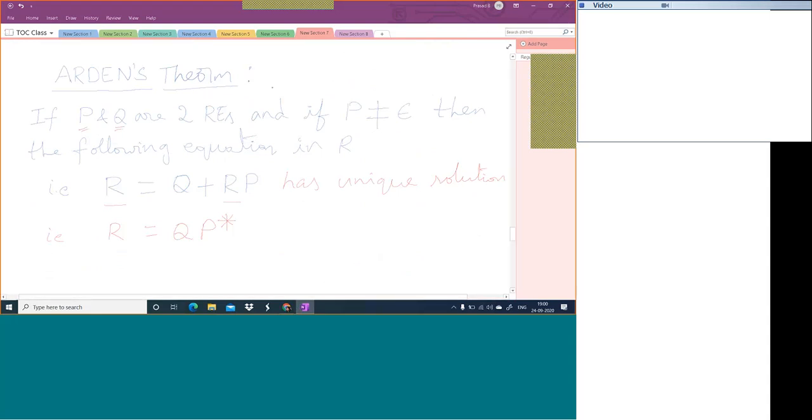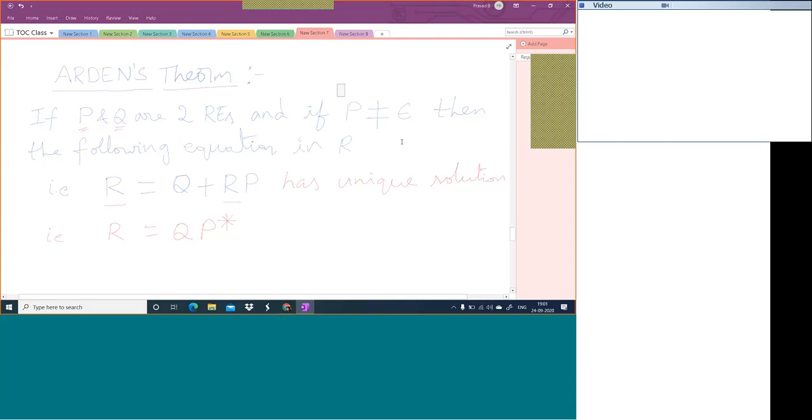If P and Q are two regular expressions, and if P not equal to epsilon, this P should not be epsilon.